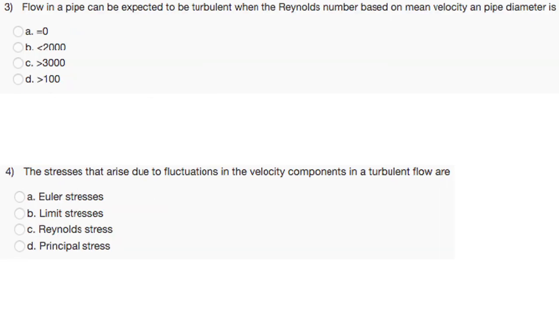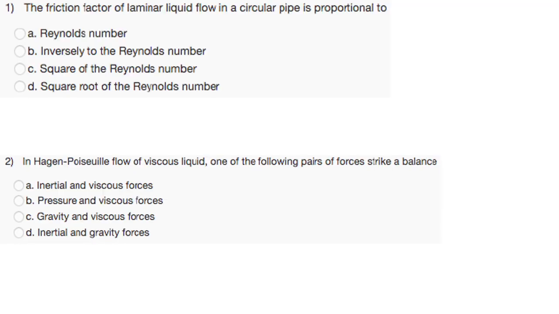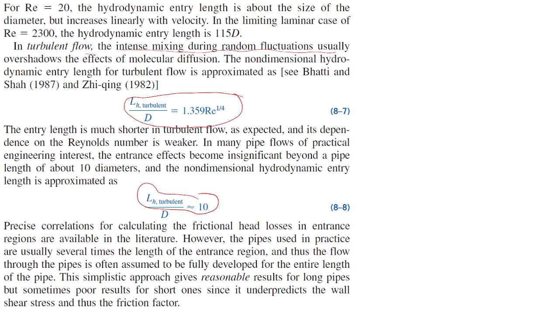With this, now we will solve some questions. This is laminar and turbulent flow, and I think in week 3 sir has discussed a lot about turbulent and laminar flow. These are the basic understanding. Now we will move ahead to the questions.